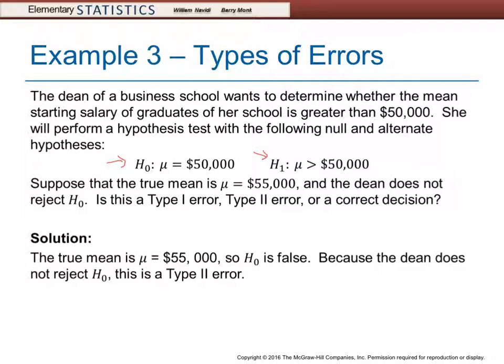Suppose that the true mean value is mu is equal to 55,000, and the dean does not reject H0. Is this a type 1, type 2, or a correct decision? Well, since mu is 55,000, H0 is false. Because the dean does not reject H0, this is considered a type 2 error.